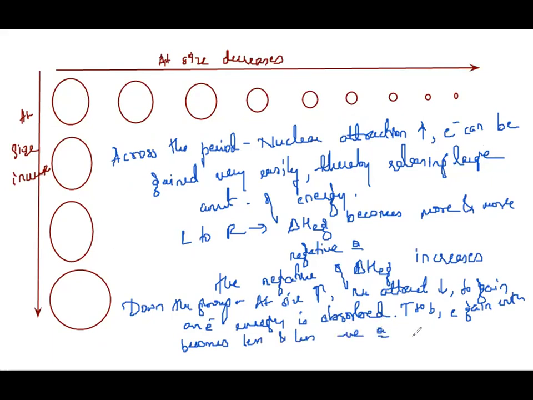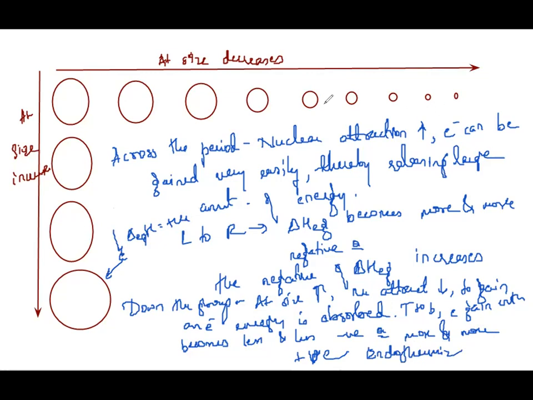For metals, it becomes more and more positive because atomic size is very large, and you need to put in some energy so that the electron is gained by the atom. When you put in energy, electron gain enthalpy is positive, and the process is endothermic.